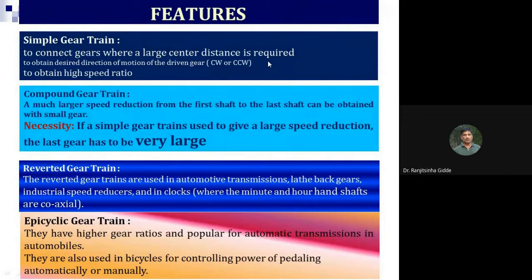Now let us see in one slide the features with respect to simple gear train, compound gear train, reverted gear train, and epicyclic gear train. So please read carefully. These are the features. These may be asked in the MCQs.